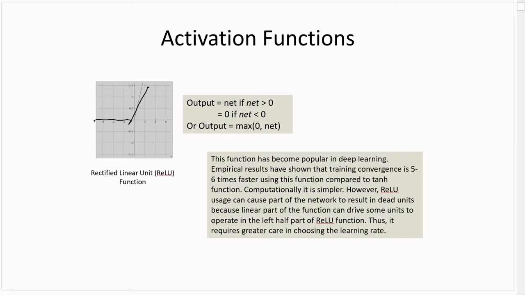There is one drawback with this function, and that is this function can cause some of the neurons in a network to end up as dead units.